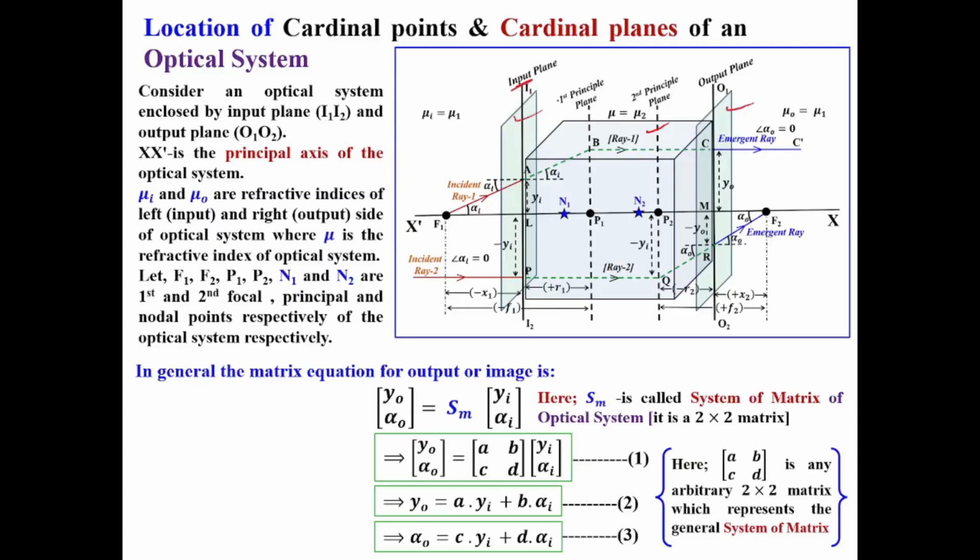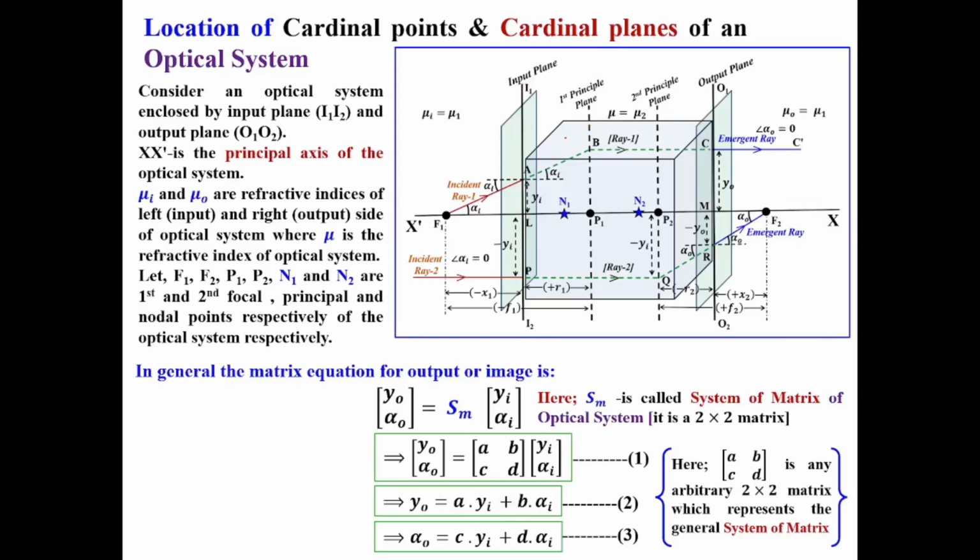This optical system may be a thick lens, a combination of two convex lenses, a combination of one convex and one concave lens, or a combination of two concave lenses, whatever it may be.